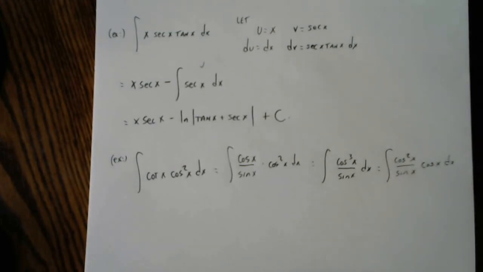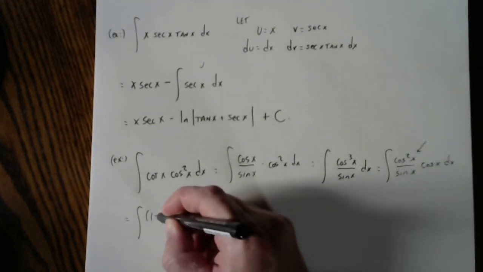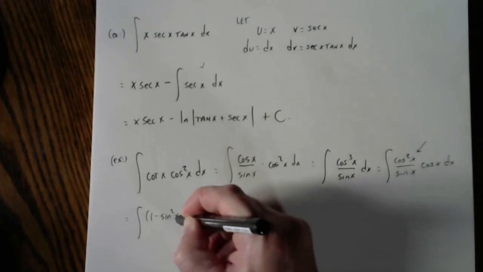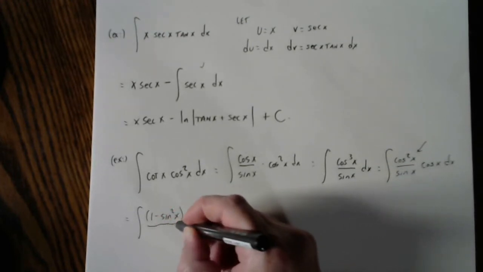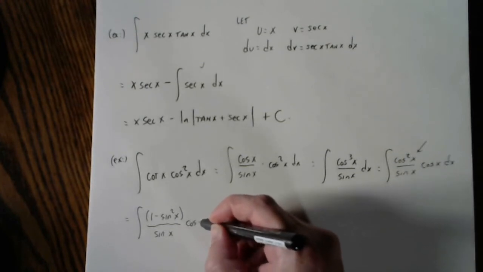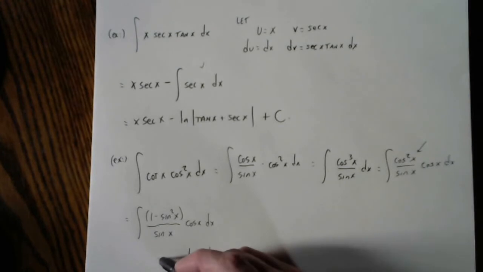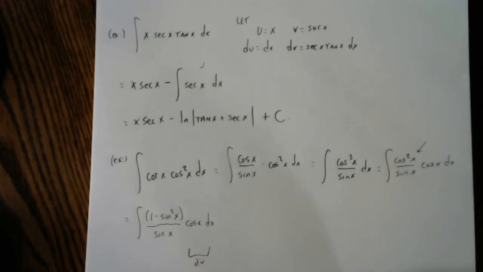Okay, so you see where this is headed. This is now similar to the first problem I did. Okay, I'm going to replace it with the same identity. And now it looks like I have a good du if I make u equal to sine, right?